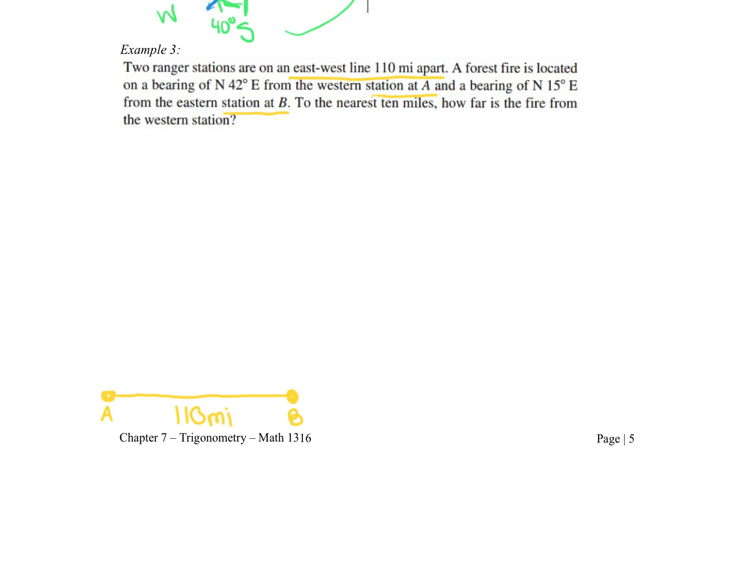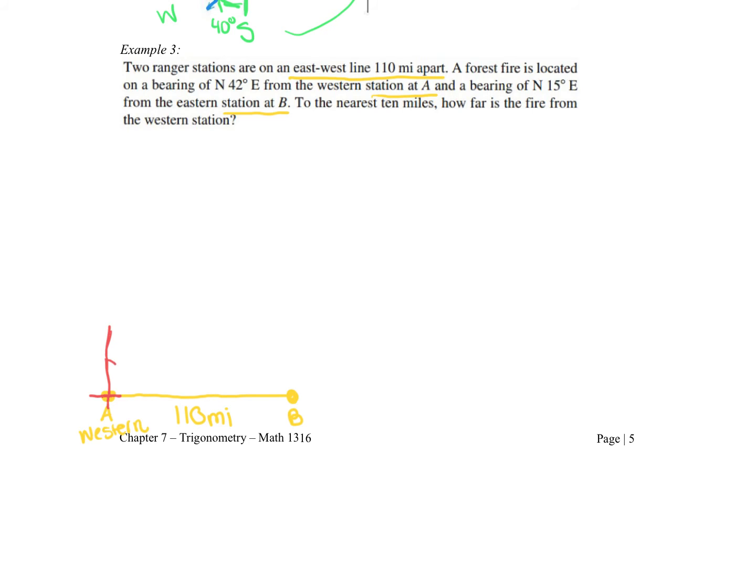It says that there's a fire located at a bearing of north 42 degrees east from the western station A. So A is known as the western station, which makes sense because it is further to the west or to the left. So I'm going to draw my little compass thing like this. Bearings start at north and rotate clockwise. This one says start at north and go 42 degrees towards east.